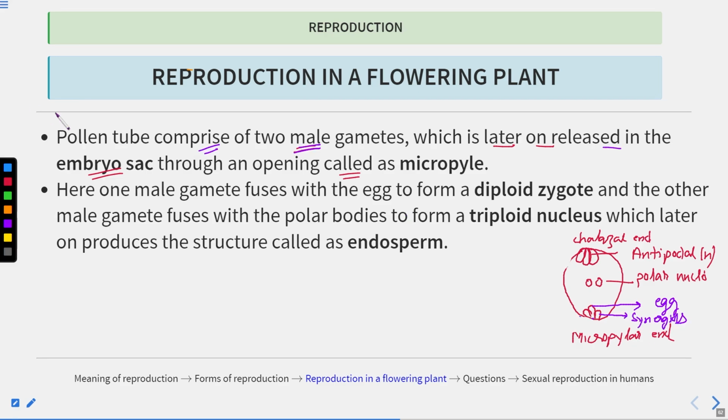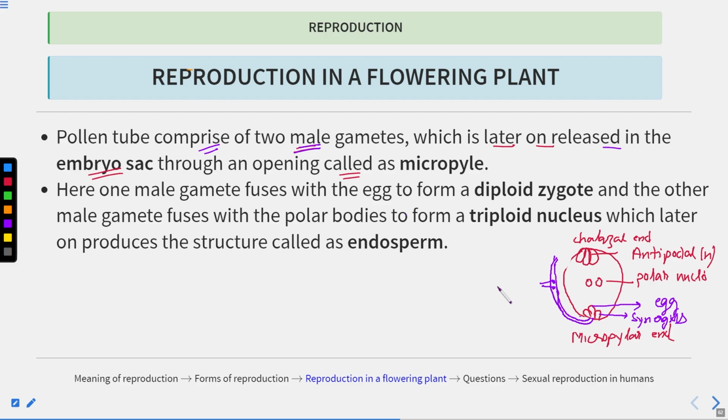The pollen tube will enter from the micropylar end. So here you can see the pollen tube. This is the micropylar end, so the pollen tube will enter here. This embryo sac is within the ovule, and the pollen tube will enter through this micropylar end. This pollen tube consists of two male gametes.